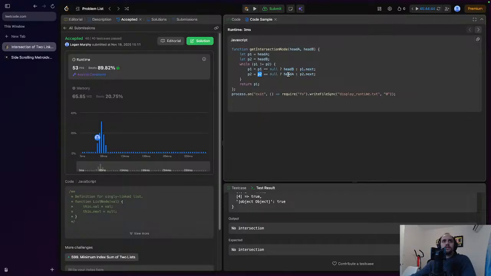P2, then it becomes head A. Very curious about this. Basically trying to go one more every time.